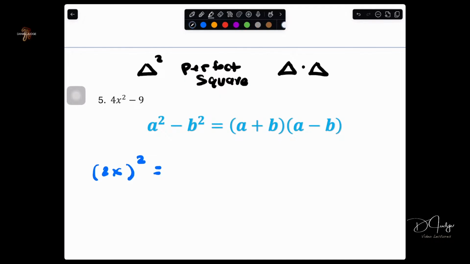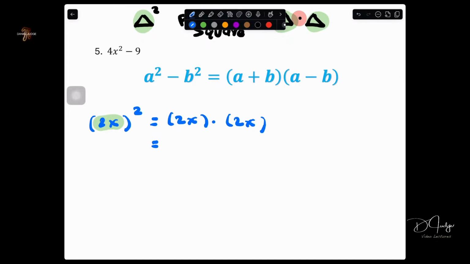This is repeat multiplication, where your base here is what's between those parentheses. So this becomes 2x times 2x. And the order in which you multiply doesn't matter. And actually, I'm going to remove the parentheses. I can do that. And now I switch the order. So in case you guys forgot, this becomes 4x to the second power.